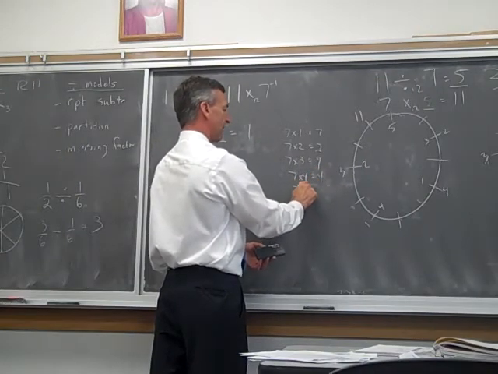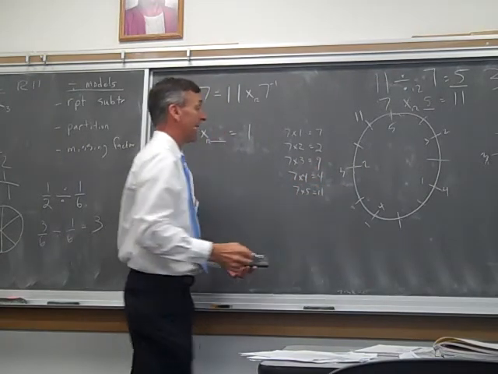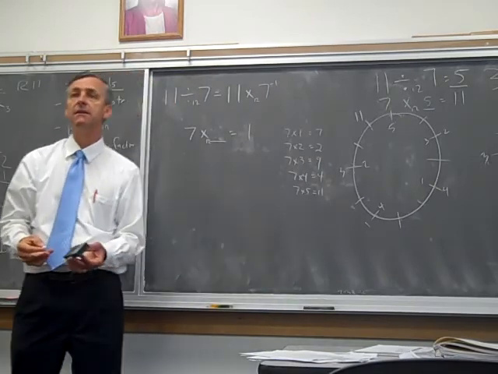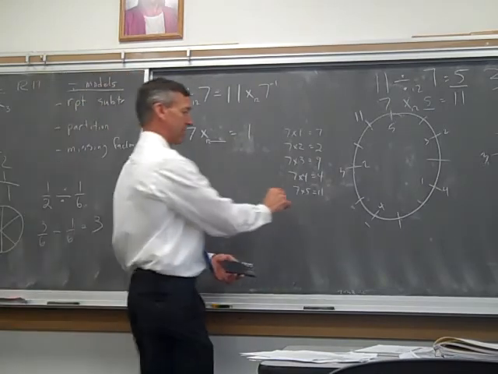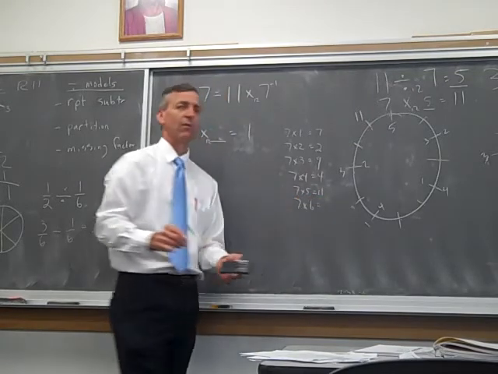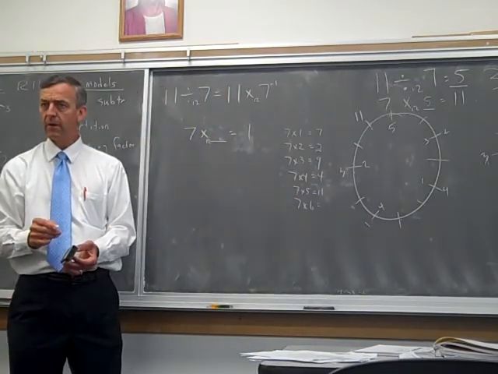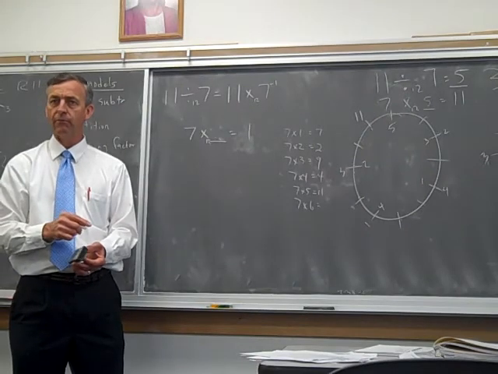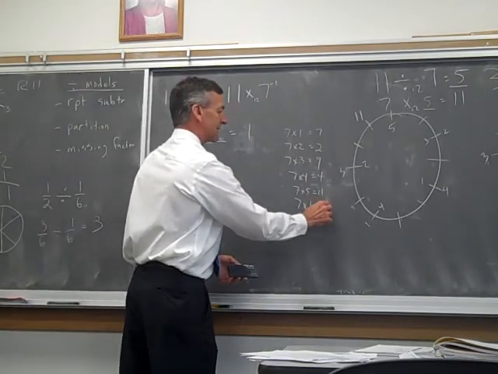And 7 times 5 was 11. But we haven't found one that is 1 yet. Let's keep going. 7 times 6 is 42. When I divide 42 by 12, I get a 6, don't I?